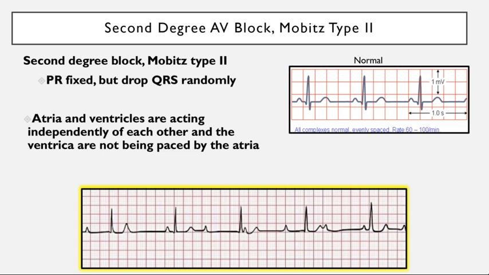It goes into a QRS. P wave, QRS, T, P, QRS, T, and this is a P wave right here, but then there's no QRS right here, right? So you just have a random dropout of the QRS complex here, right? So through and through arrhythmia.